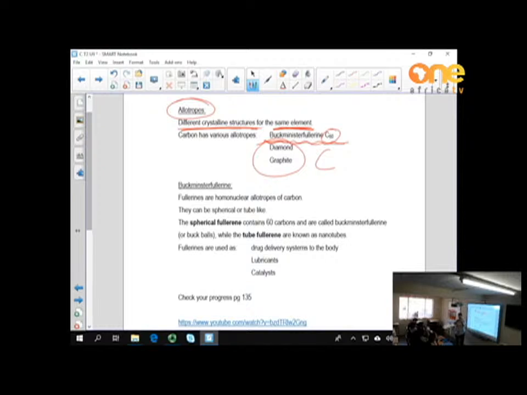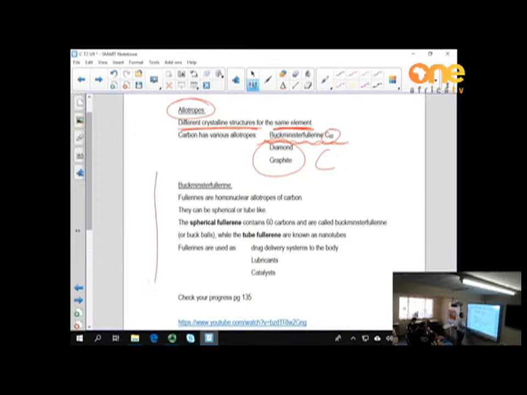You follow? The patches on a soccer ball? Okay, Buckminster Fullerene look like a soccer ball. So it's a hollow ball of carbon. All right. We will go and look at materials that are made with them in one of the next topics. I don't want to start with that now.